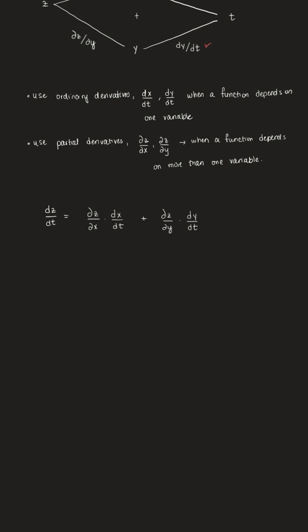So, using this form of the chain rule, let's find dz dt. And notice here that dz dt is an ordinary derivative because z depends on only one independent variable, t. And we're going to find this at the moment when t is equal to pi over 4 for the following function.